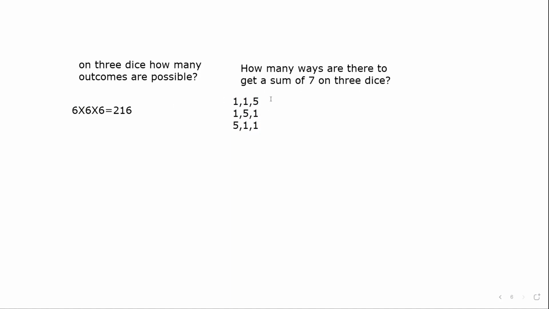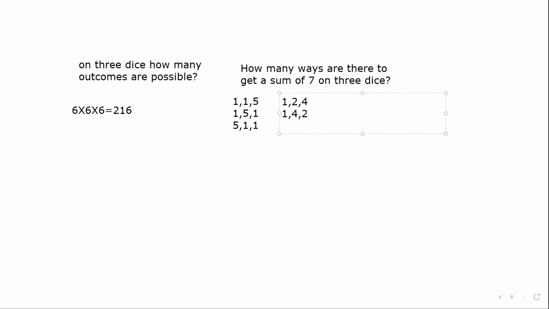Now, another possible way to do this would be to get a 1, a 2, that's 3, and a 4. So now you have to ask yourself, how many ways are there to mix up those numbers to get 7? So I could do 1, 4, 2.